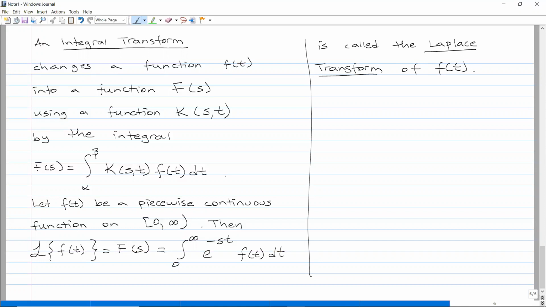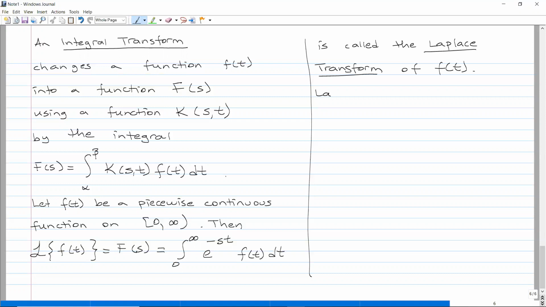So given a function f of t piecewise continuous on the infinite interval from 0 to infinity, we multiply it with the function e to the power minus st. Then we look at the improper integral. Of course, this improper integral may converge or it may diverge, and that also depends on the value of s.